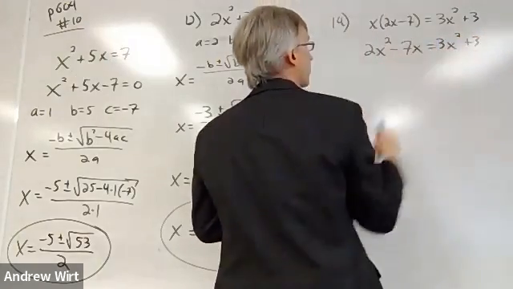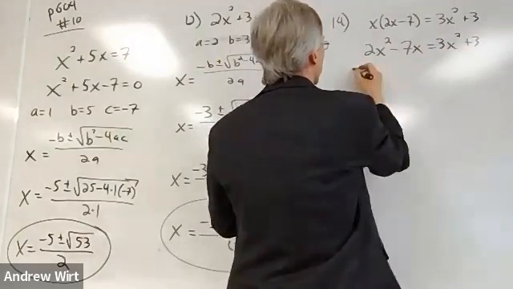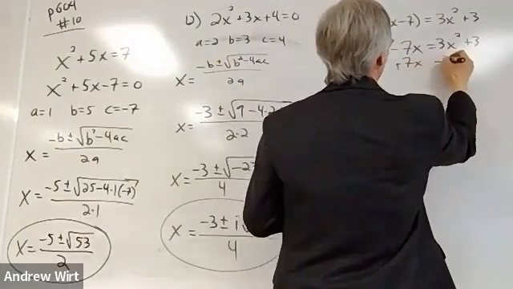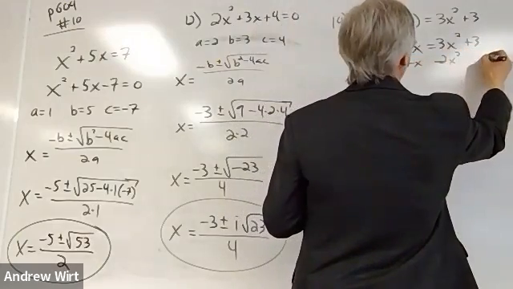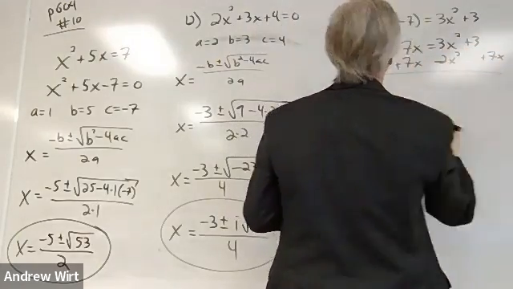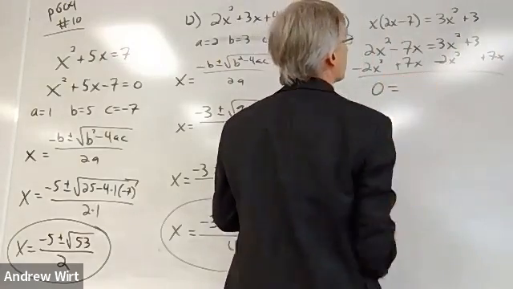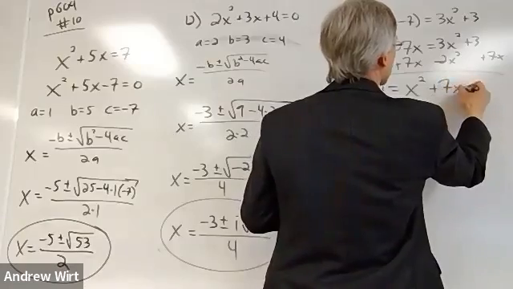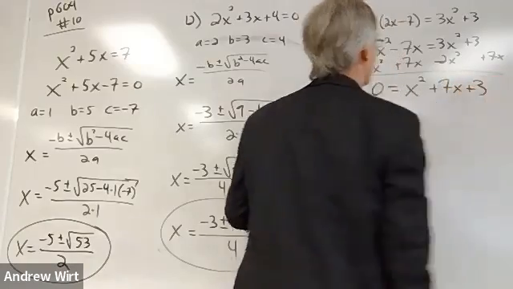Now let's get everything over to the right. That'll keep the x squared term positive. Let these go away on the left. And on the right, we get x squared plus 7x plus 3.